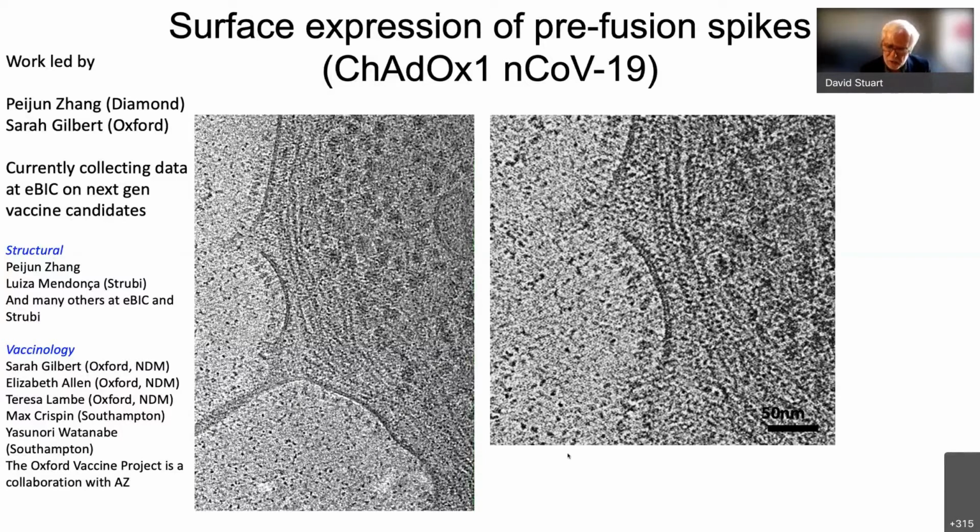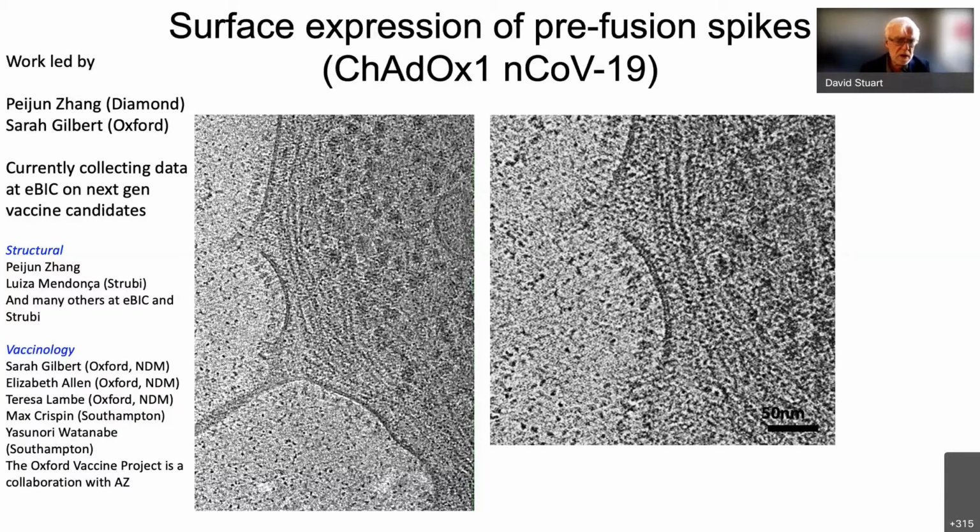Recently, our group have also played a role in some of this. The key thing to realize is that the infection of the adenovirus leads to the production of very large numbers of spike proteins, which are produced on the surface of the infected cells, and it's these that elicit the antibody responses.